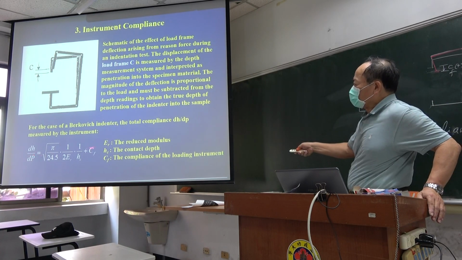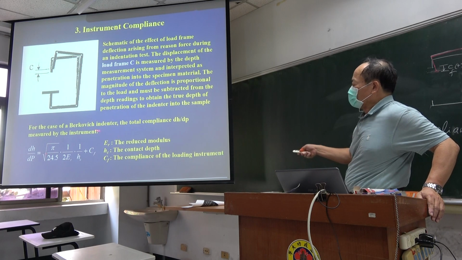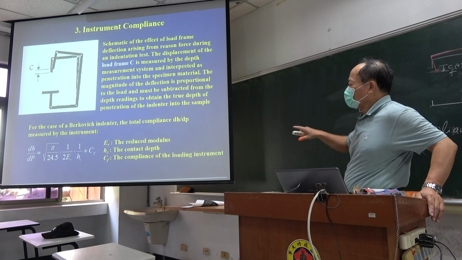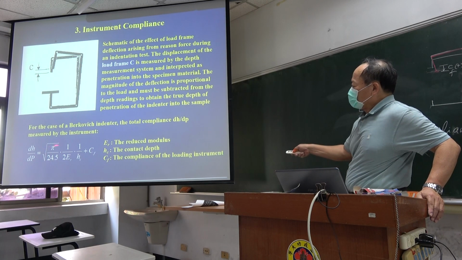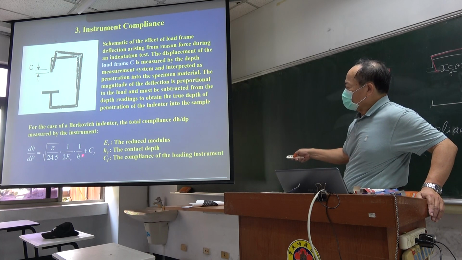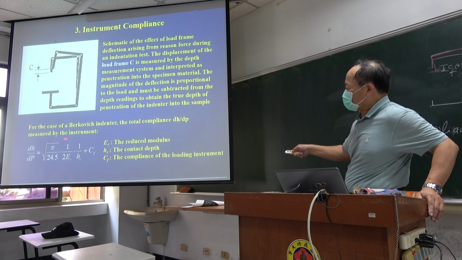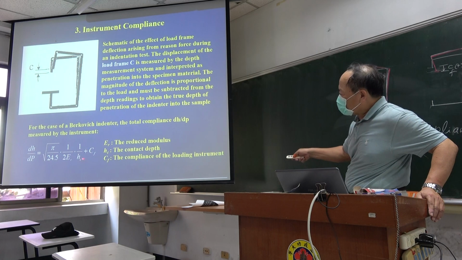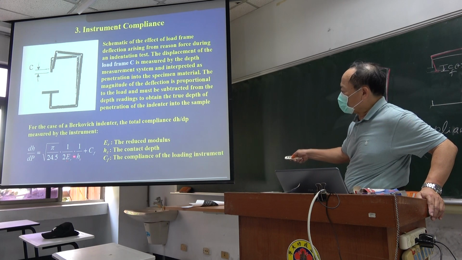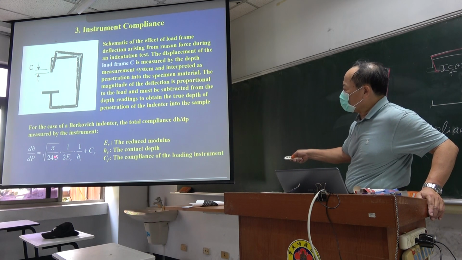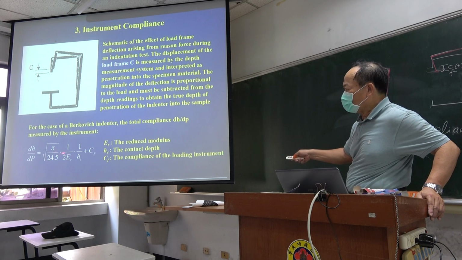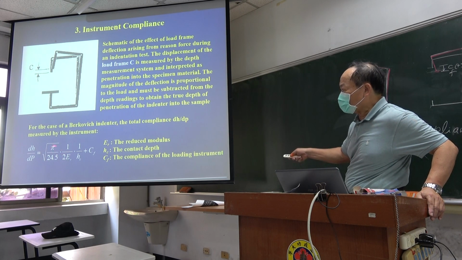But this term can be decomposed into two terms. 你可以分解到两个项. This term comes from your indentation, because here h_c is the real indentation depth, E_r is your reduced modulus. Okay, so this comes from the material itself, because you have to carry out the indentation test.